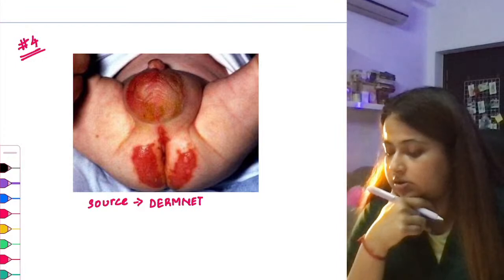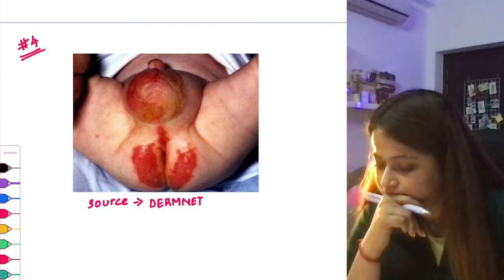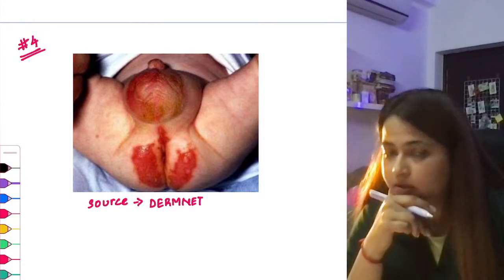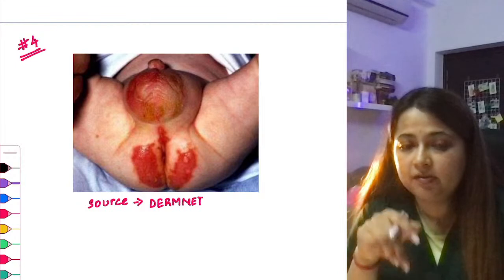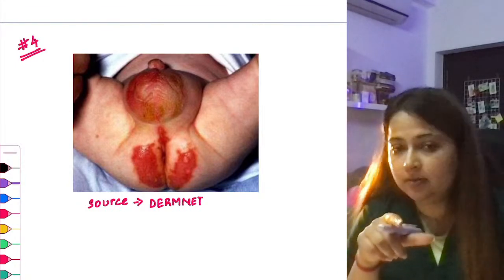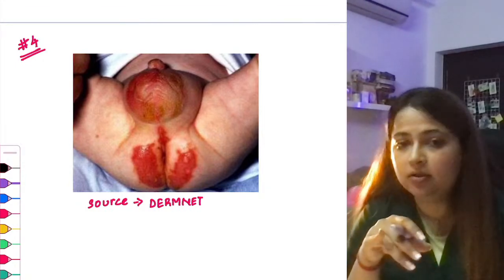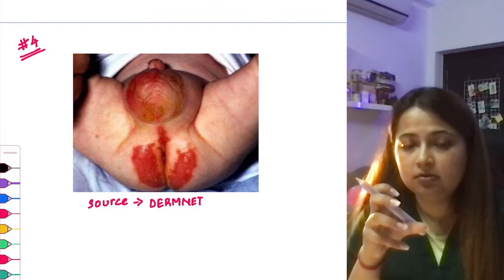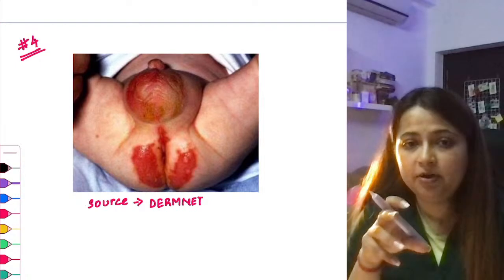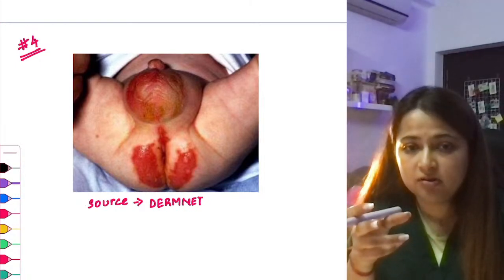Yes, so look at this picture now. Look at this picture. I'll give you a history here. This is a baby who is having perineal rash, okay, and diarrhea. And this rash actually happened once the baby was weaned.